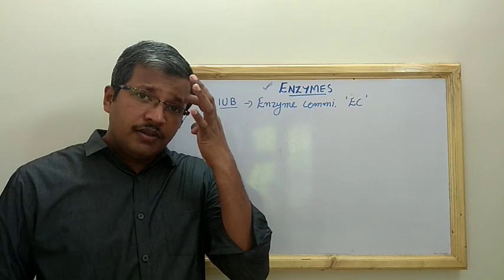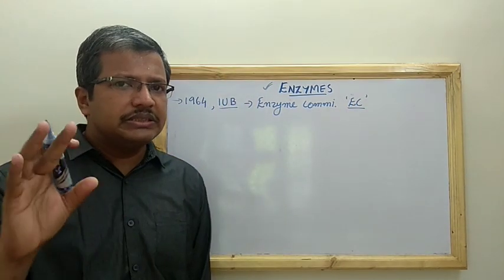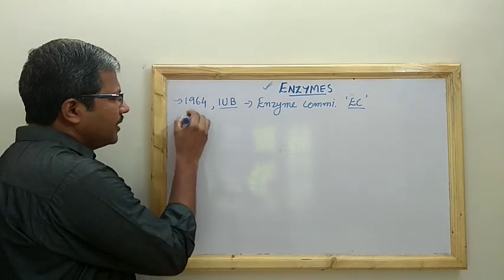As a result, the enzyme commission found there are 6 major classes of enzyme.